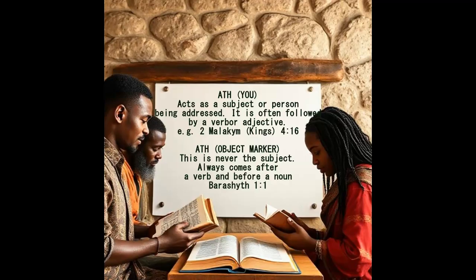So what example can I use? If I say ath YaHUaH, I'm saying you are beautiful. Ath YaHUaH. So if ath is the subject or is doing the action, then ath in that context would be you.